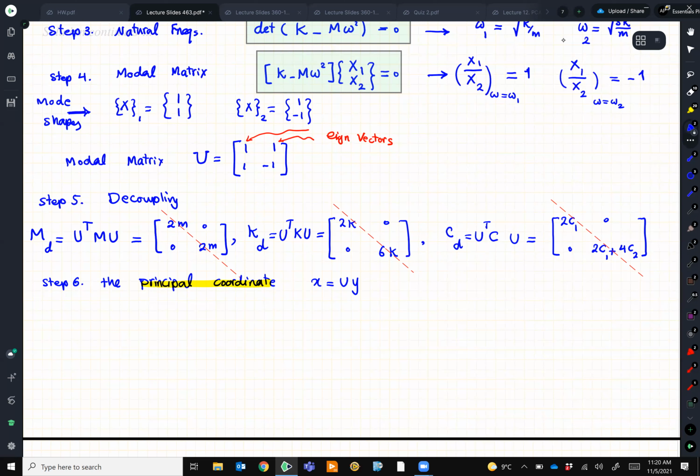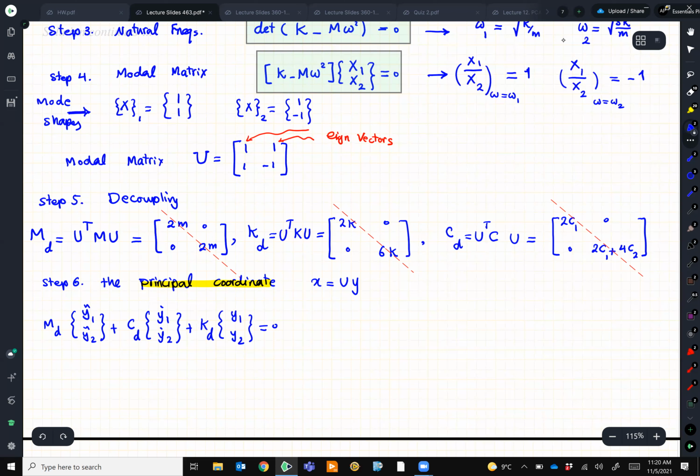Let me write it down and I'll explain it. So if I write down my equation, it will be MD times y double dot 1, y double dot 2, plus CD times y dot 1, y dot 2, plus KD times y1, y2 equal to 0.